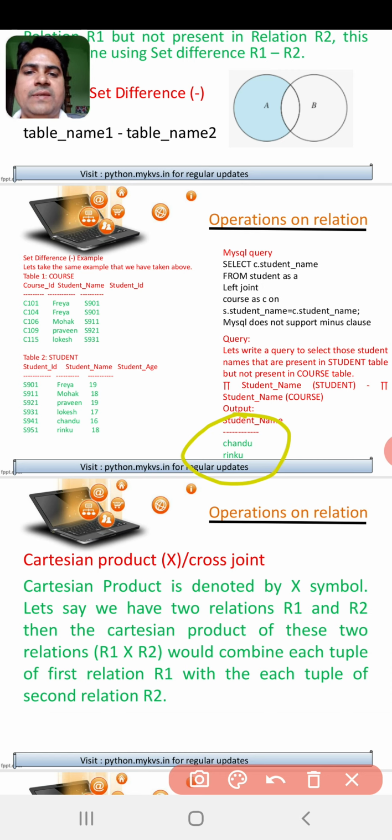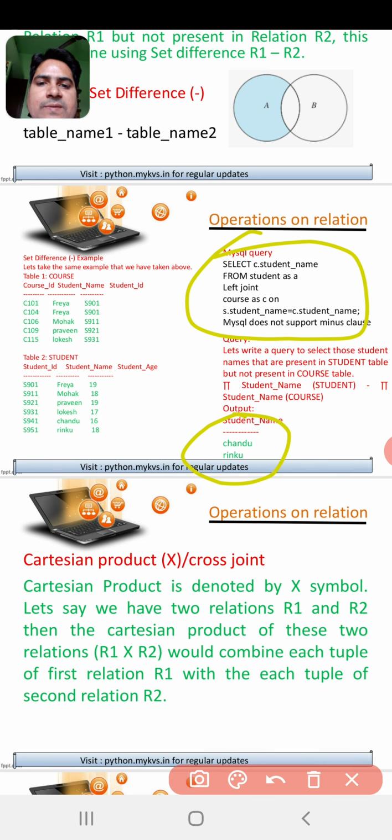So the query is written as, here you can see clearly, SQL query. Select S dot student name, make it a correction, from student as S, left join course as C. Next, ON is a clause. After ON, the condition is written.